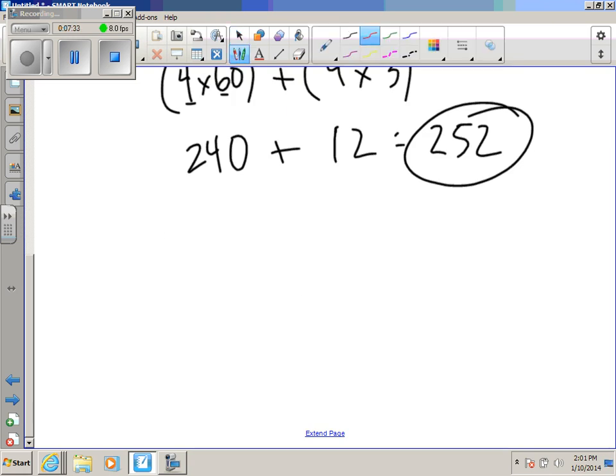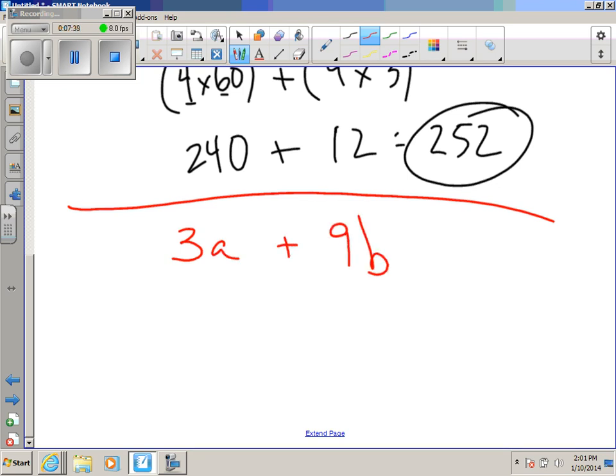Now, for today, we're going to take a look at expressions starting off as basic as something like this. A 3a plus a 9b. And we're going to start off by trying to find the GCF of both of these terms, of 3a and 9b.